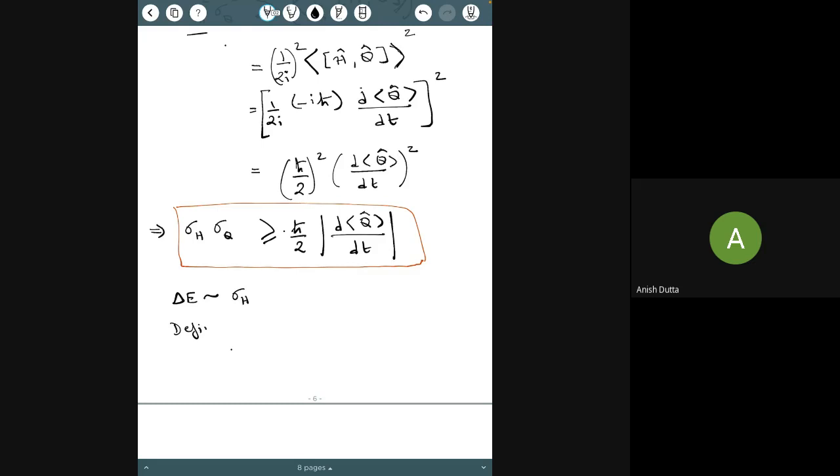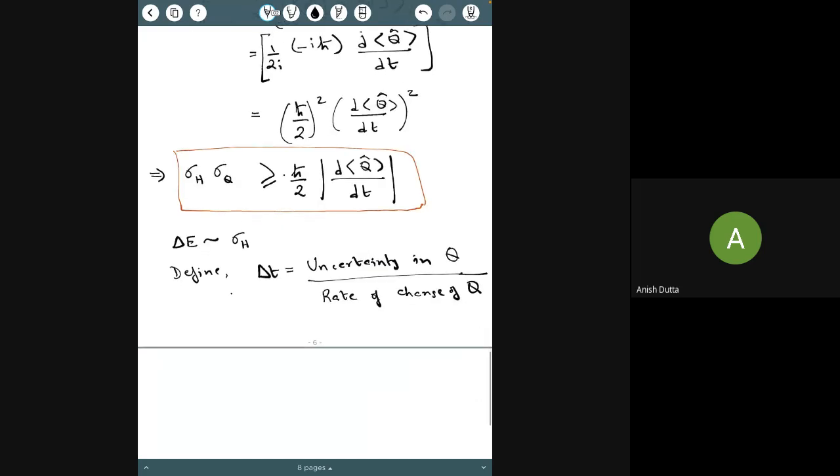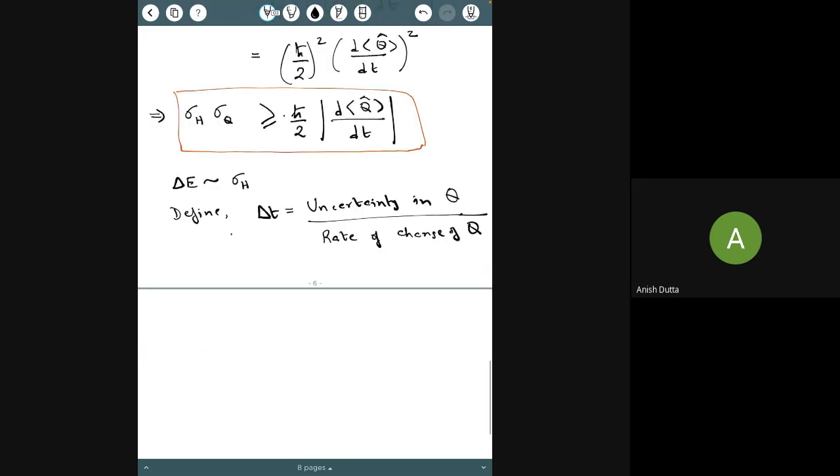So we define delta t as follows, that it is the uncertainty in Q divided by the rate of change of Q. Does this make sense? So at least dimensionally, this is fine, right?